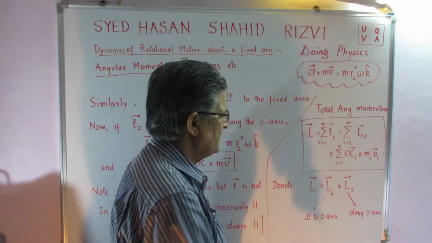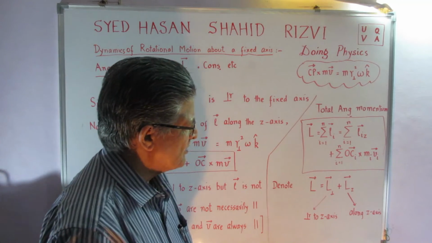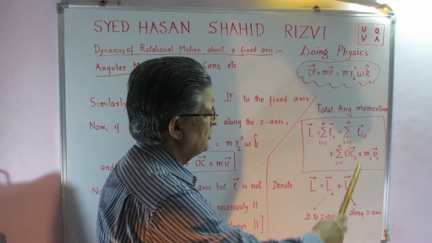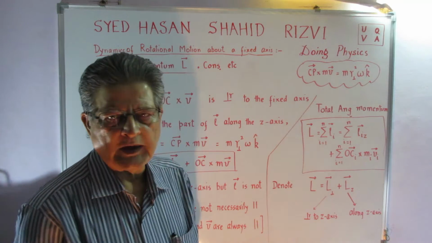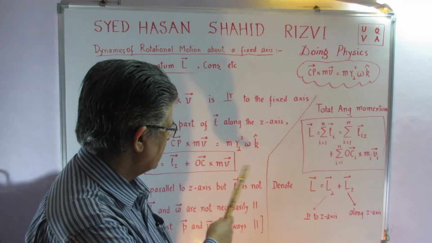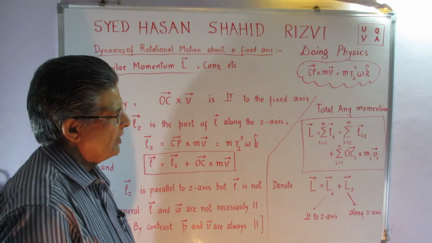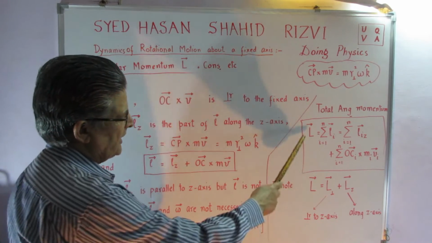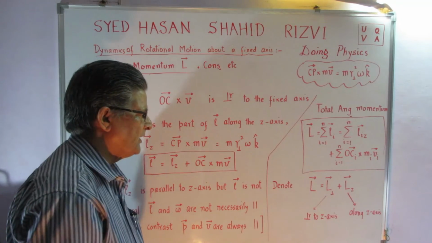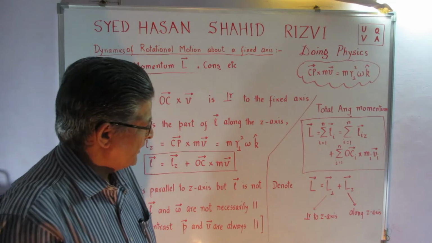One part is Liz, the z component of Li, plus OCi cross mivi. The second part, from this relation, I substitute there, and we obtain the total angular momentum of the system. We can calculate it for all the particles comprising the rigid body.